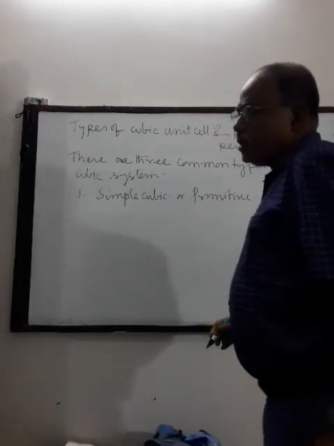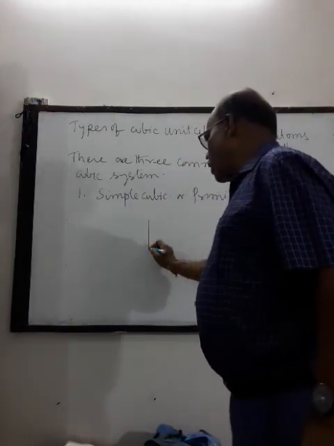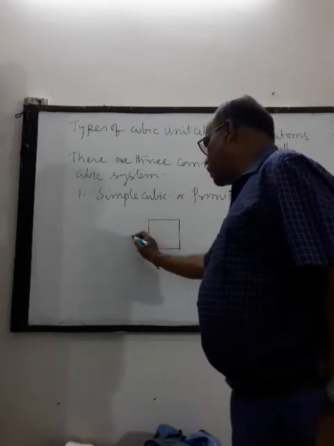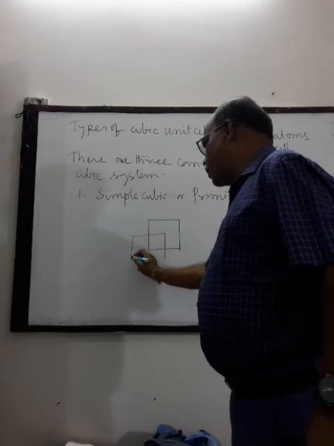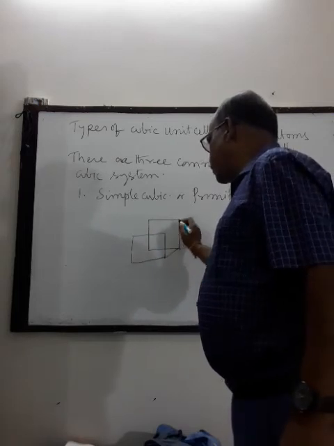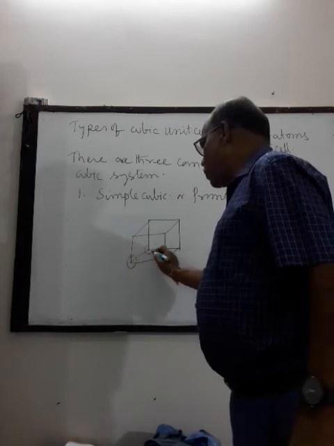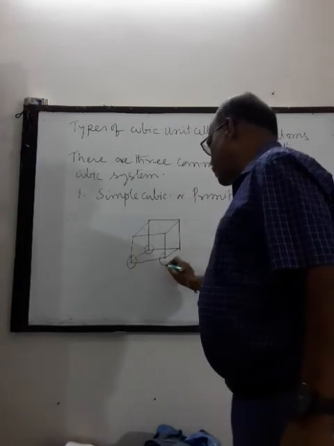So if any unit cell where atoms, molecules or ions are present at 8 corners of the cube, then such a unit cell is called simple cubic, also known as primitive.